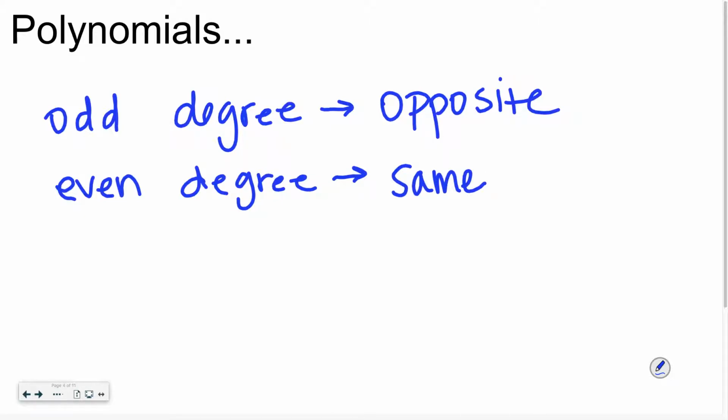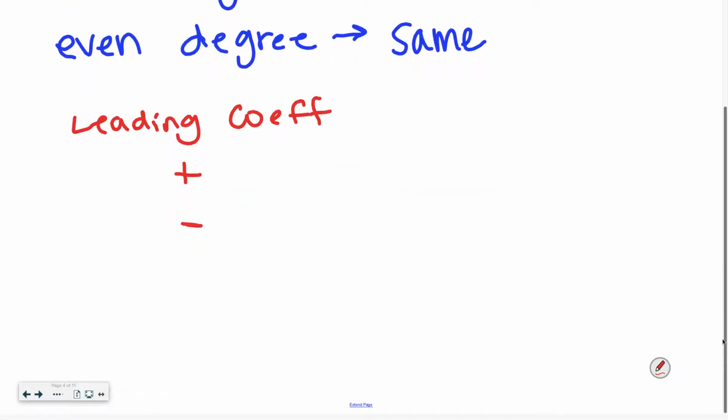Also in the leading coefficient test, we have to look at the leading coefficient. If the leading coefficient is positive versus negative, that's going to tell us what's happening on the right side of our graph.